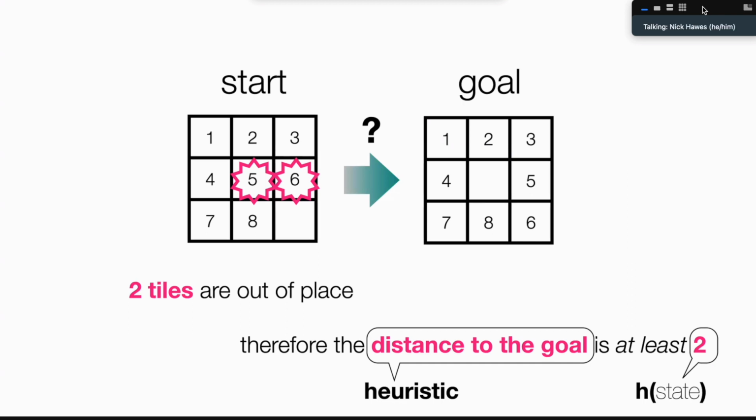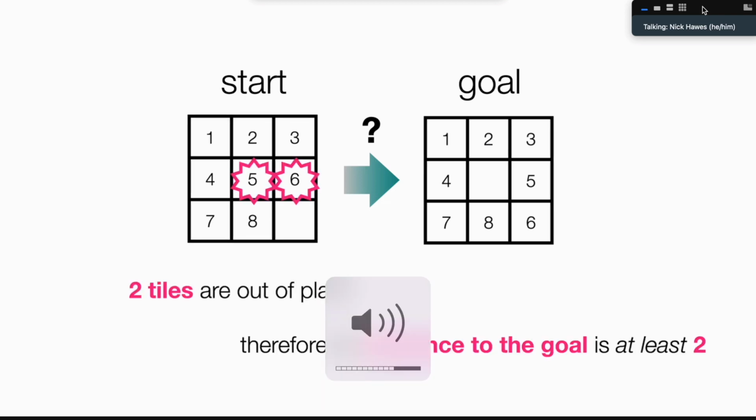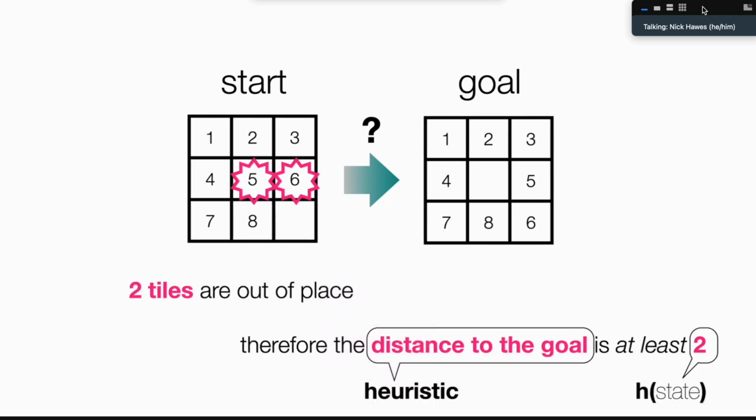We apply that to a state, and it gives us a number back. So this is what we wanted. This is a way of estimating how close we are to the goal in our search algorithm.